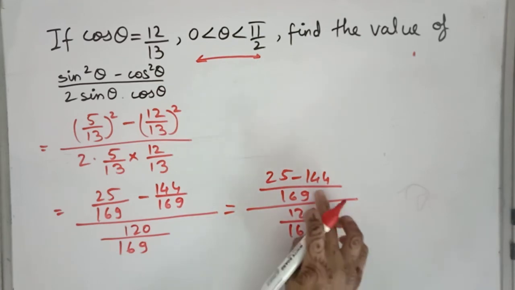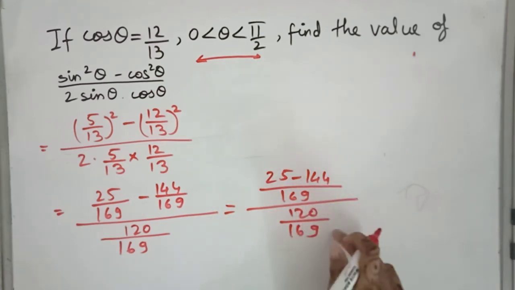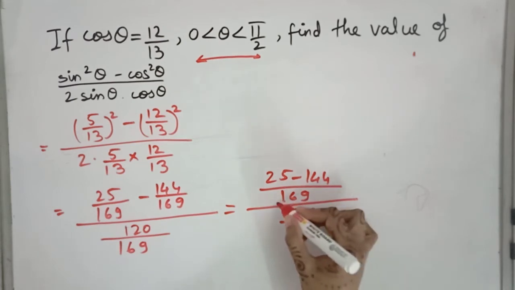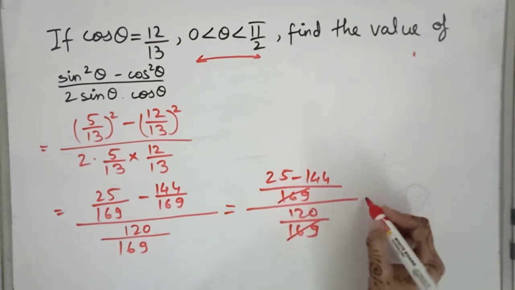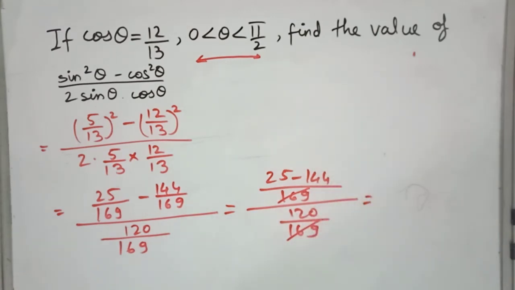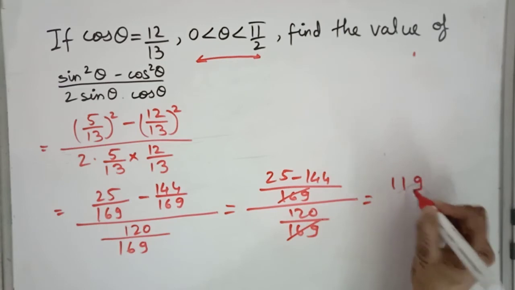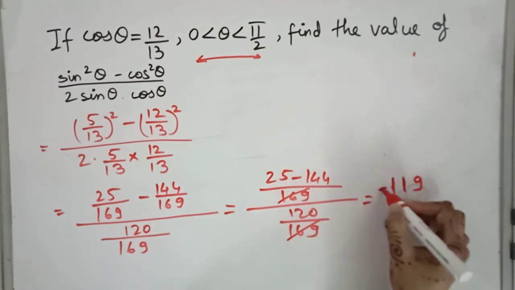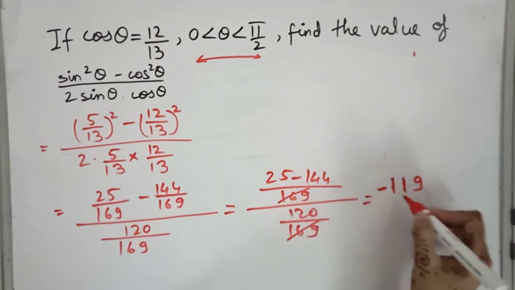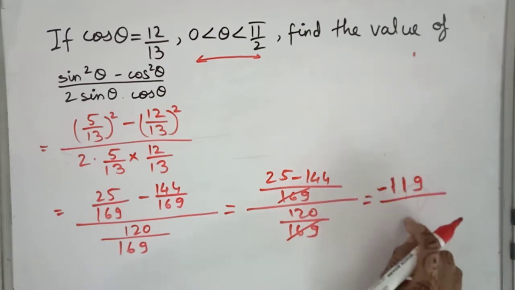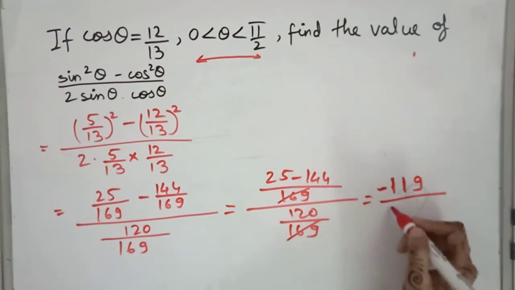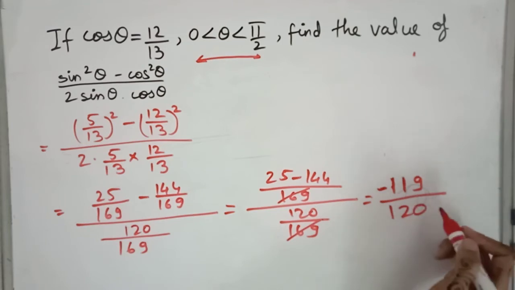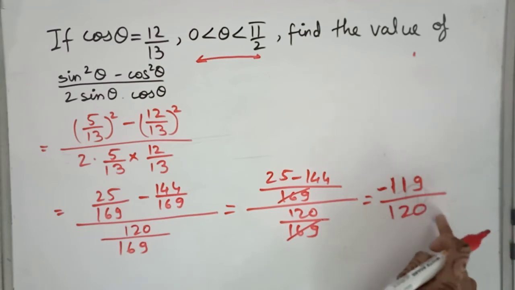We have both the denominators of the numerator and denominator are same, that is 169. 169 will get cancelled. 25 minus 144 will be minus 119, because 144 is bigger than 25, that's why the answer will be in negative, upon 120, minus 119 upon 120.